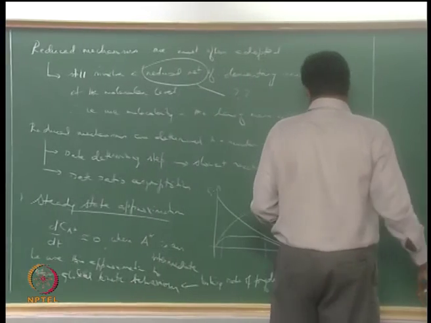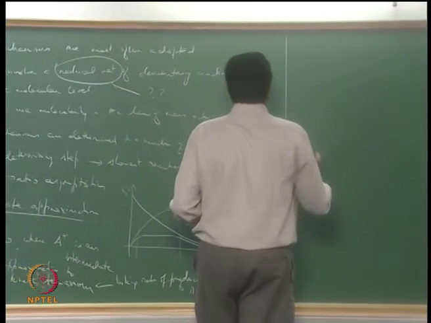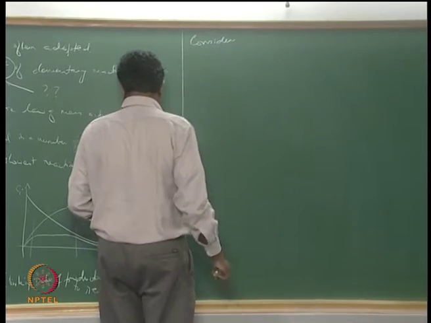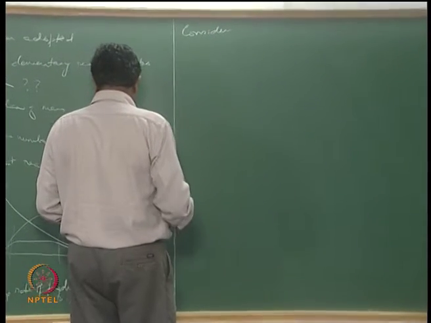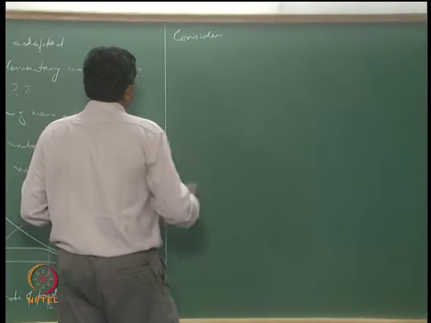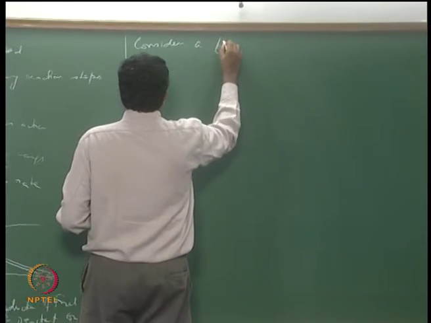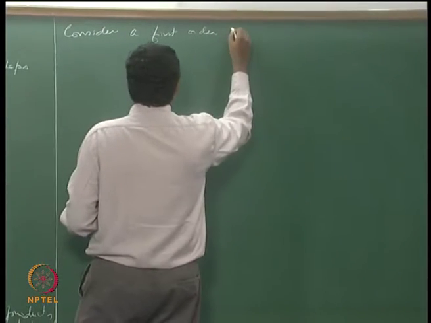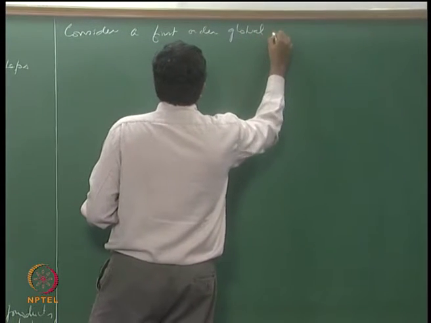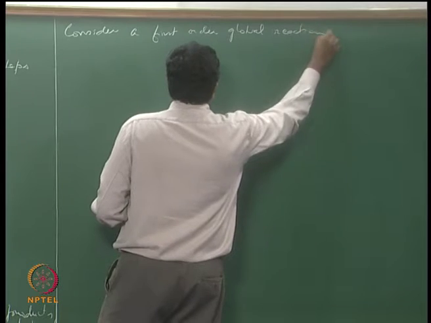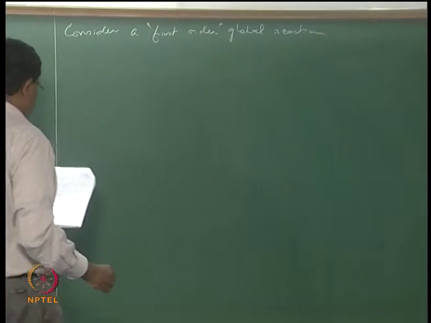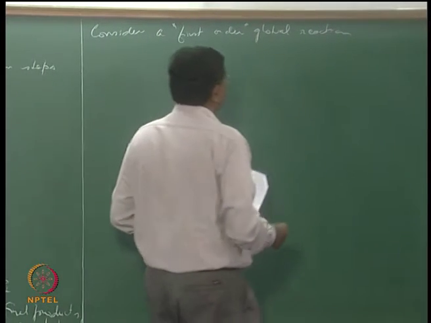So let's suppose that we consider a first order reaction, a "first order global reaction", which I'll put within quotes. A gives products.